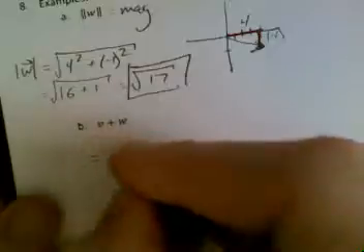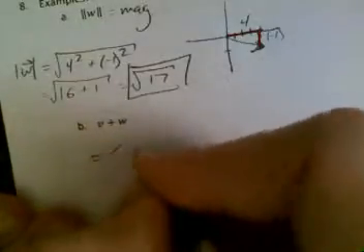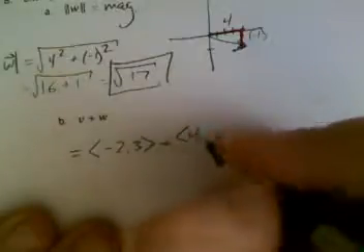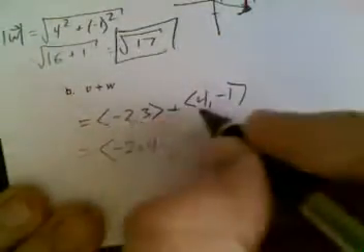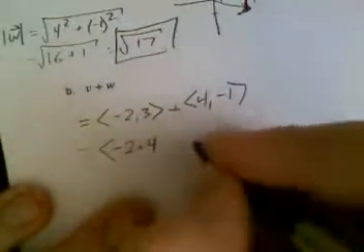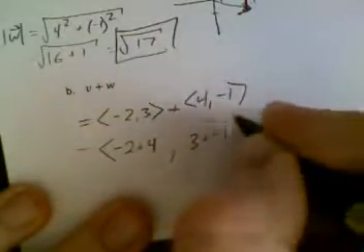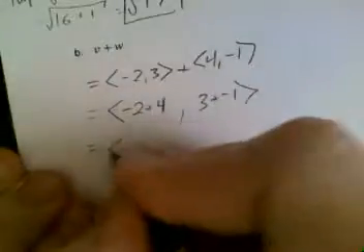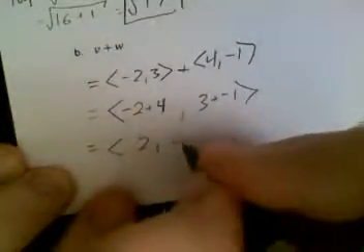I'm going to write this out in detail. This is -2, 3 plus the vector 4, -1. All I'm doing is replacing this with a single vector: -2 plus 4, the x coordinates added together, comma, 3 plus -1, the y coordinates added together. And this is equal to 2, 2.